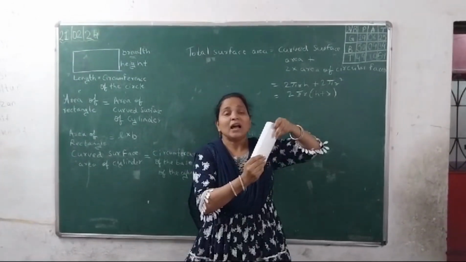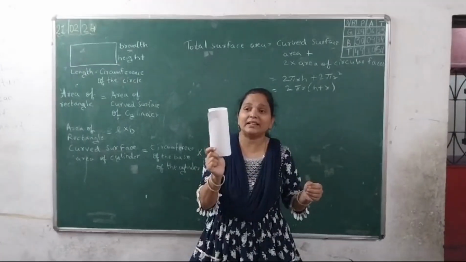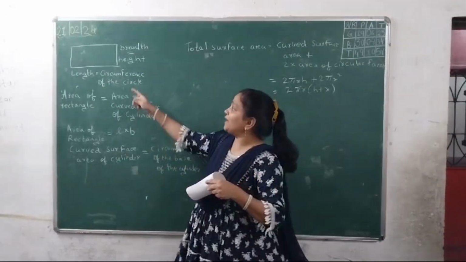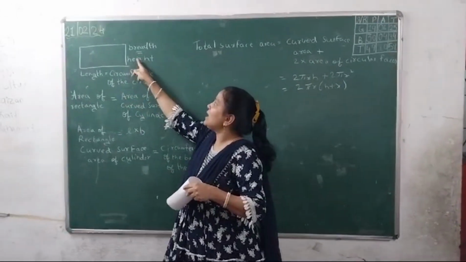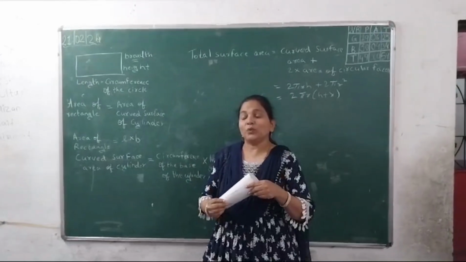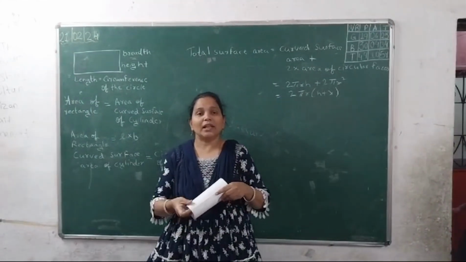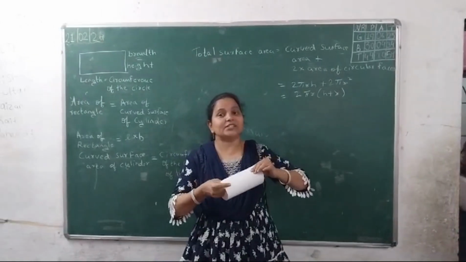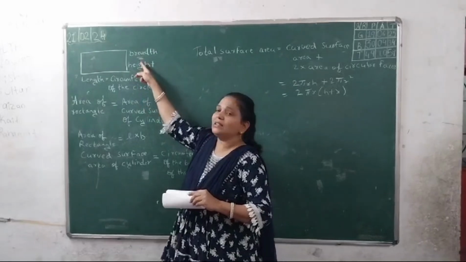So you can understand by this that this curved cylindrical surface is made up of two things: the circumference of a circle, and the breadth being converted into height. So from this we can understand that if I want to find the area of this curved surface, I have to apply the circumference of a circle and the height.